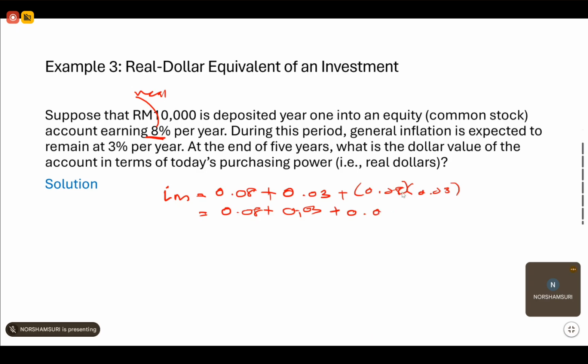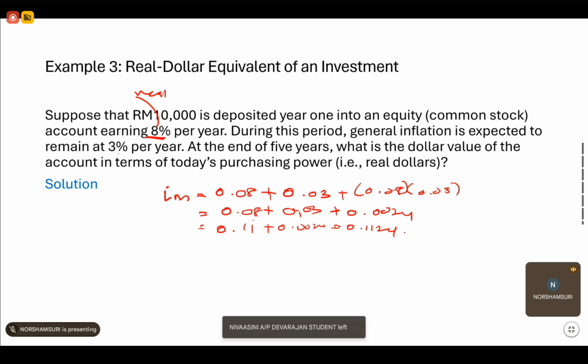0.08 times, sorry, 0.03, is it, no. 0.08 times 0.03 becomes 0.0024 and this one actually becomes 0.11 plus 0.0024.